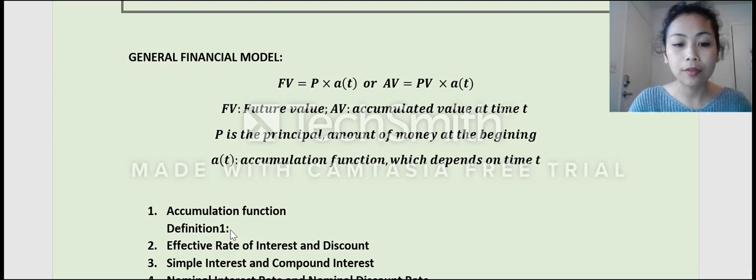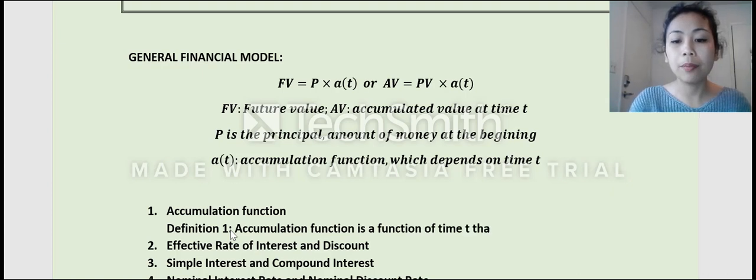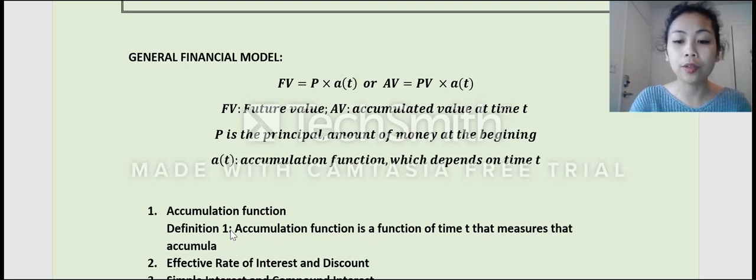Definition 1. The accumulation function is a function of time t that measures the accumulated value of $1 invested at the beginning, or at the initial time.